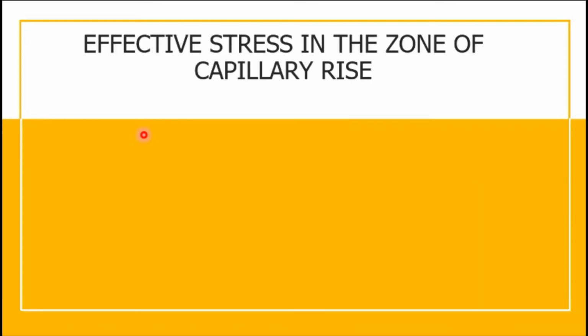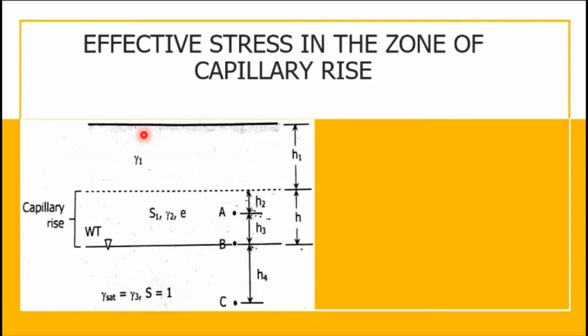So if you look at this one, at point B naman, let us look at the stress at point B. Ganun pa rin yung pag-compute natin ng total stress. The theory is still that effective stress is equal to the total stress minus the neutral stress. Pero nagbago lamang yung neutral stress natin kasi may zone of capillary rise.